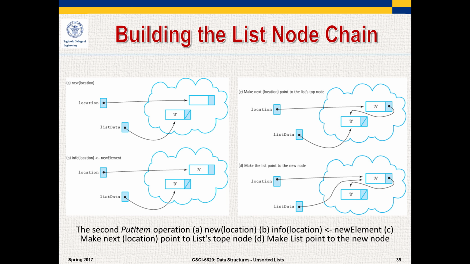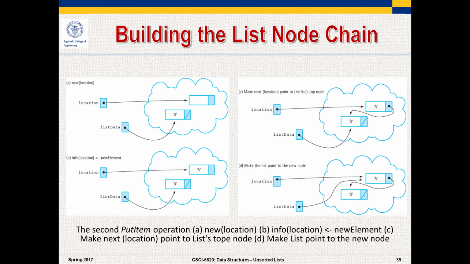Then in C, you take the next pointer of the new node and you point it at the current head of the list. And then in D, in the bottom right hand corner, you update the list pointer itself to now point at the new node that you had just created.